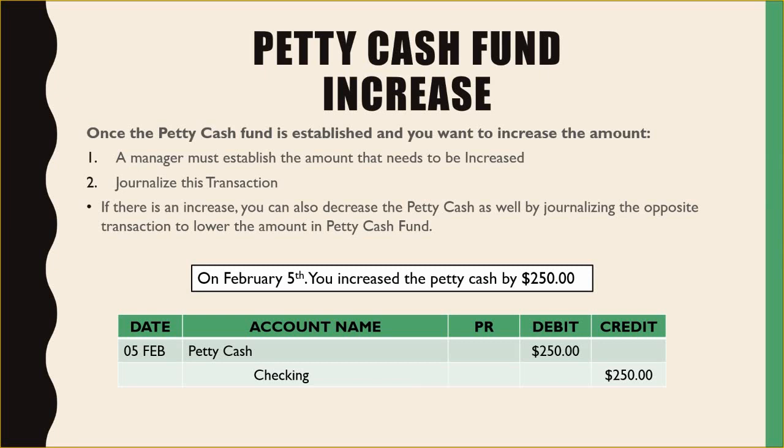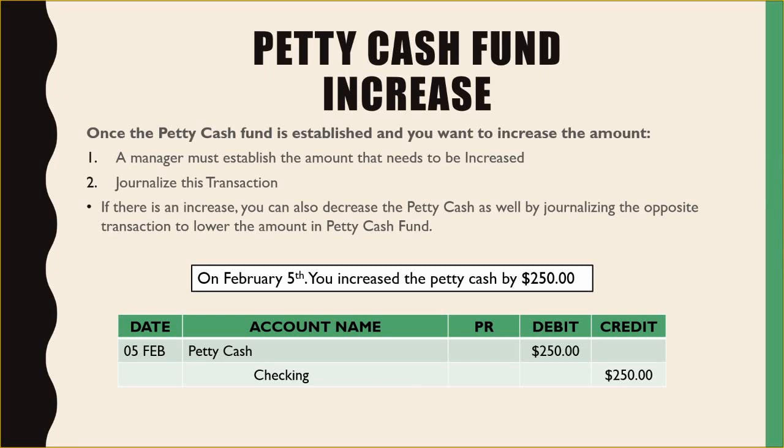You don't directly take money out from the petty cash account when you are spending the petty cash. Okay, so that's a huge, huge thing that you need to know. You only use the petty cash account when you are establishing, increasing, decreasing, and closing out.